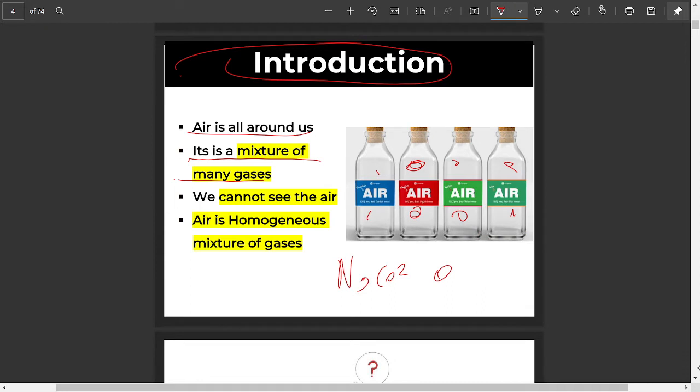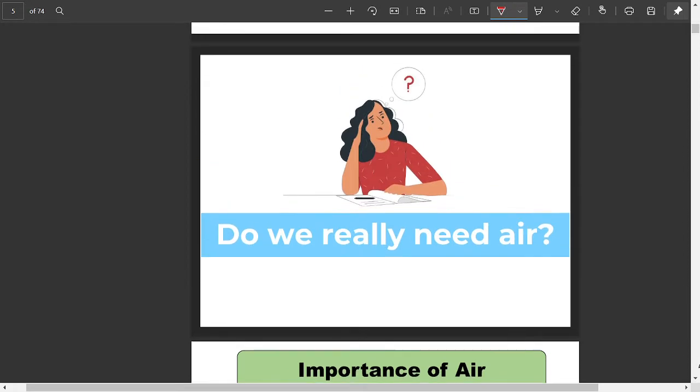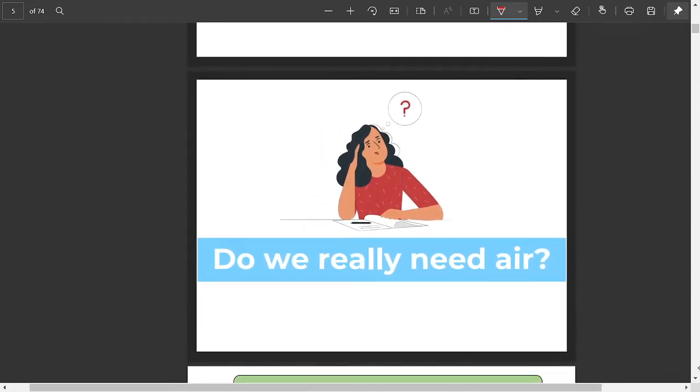We cannot see the air, as I told you that it is invisible. It's all over in your room, but you can't even see it. So you can also mark this point: air is a homogeneous mixture of gases. Like it can mix with anything.